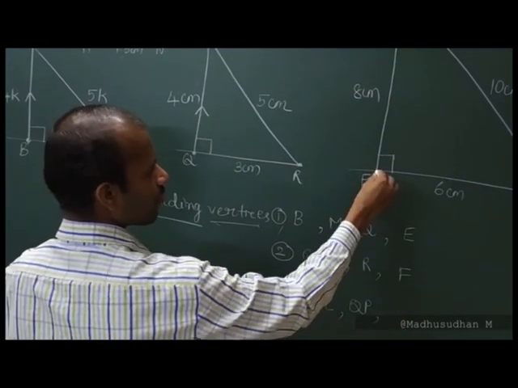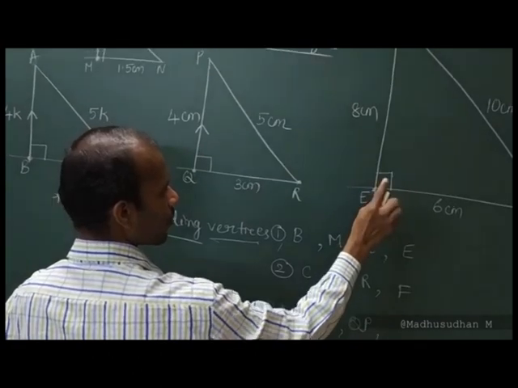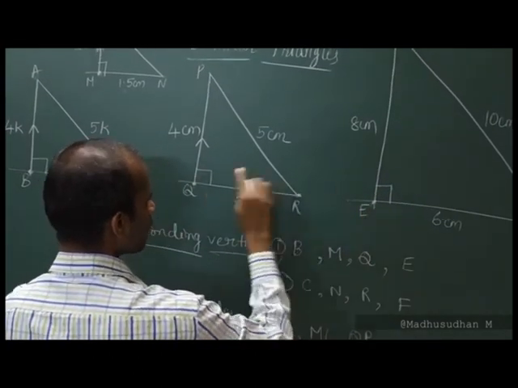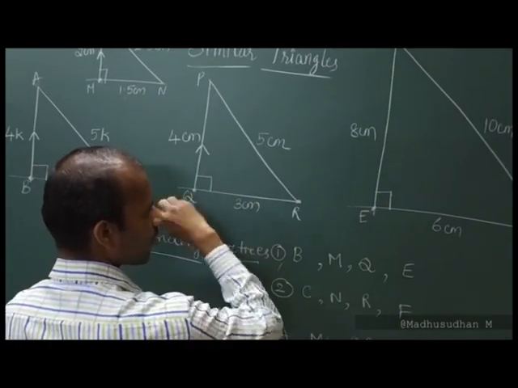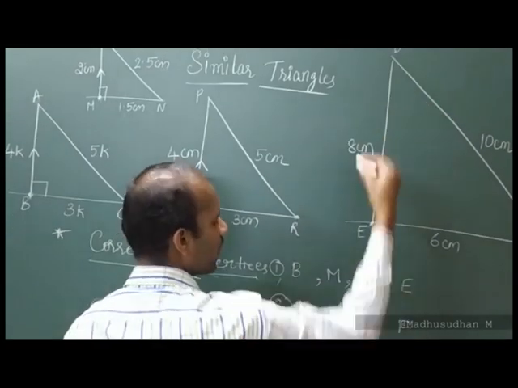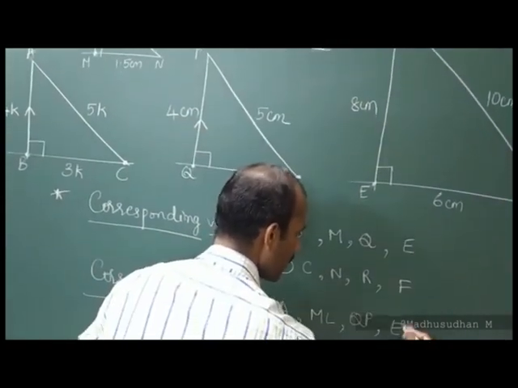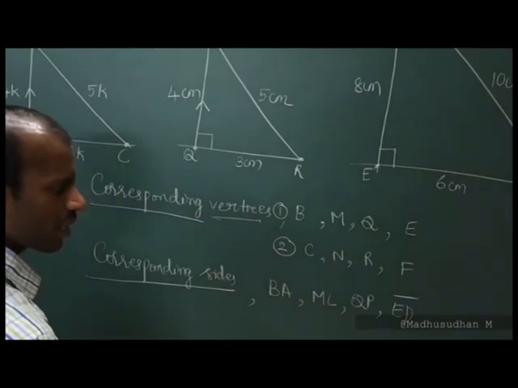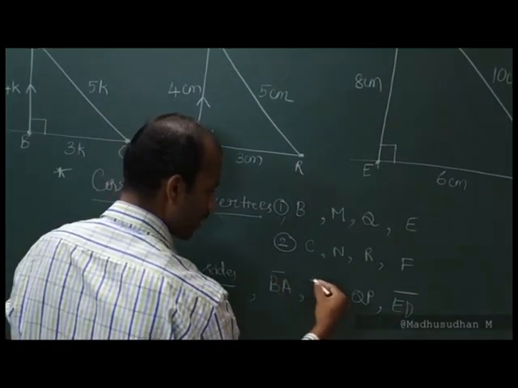In this diagram, from vertex E, this is the corresponding vertex for the other diagrams as well. From E I am moving to D, right? So let me write E to D. Follow it, children. So BA is a line segment.